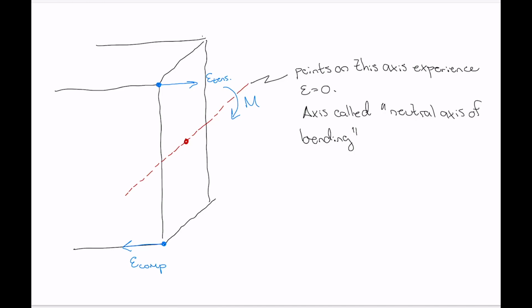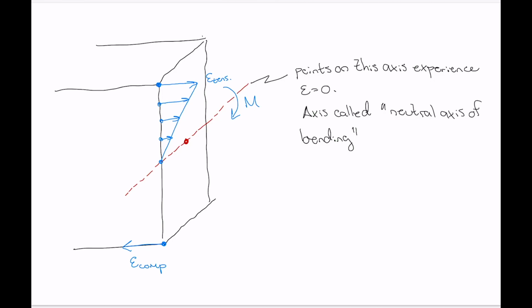So zero strain there, tensile strain at the top. So moving downward from the top, we have a decrease in strain as we move toward the neutral axis. So moving downwards, the points along this line experience smaller and smaller levels of tensile strain until we get to the neutral axis of bending, where there's zero strain experienced.